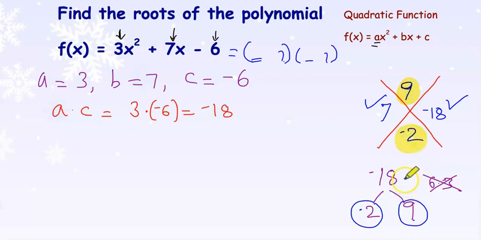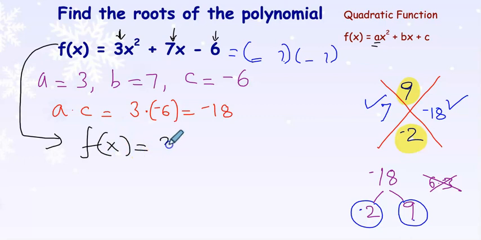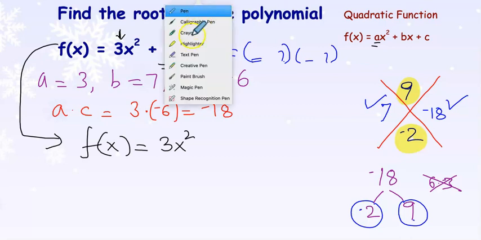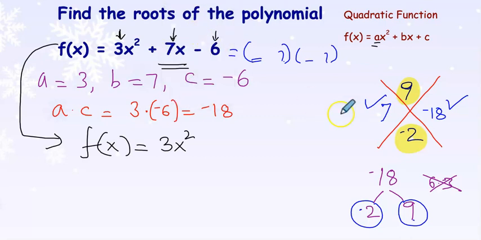So these are the 2 numbers we are looking for: 9 and negative 2. Okay, so let us go back to this function and rewrite it as f of x is equal to 3x squared plus 7x. Now the 7 is broken down as 9 minus 2. 9 minus 2 is 7.